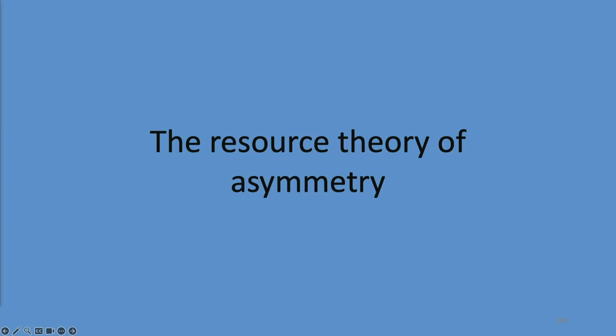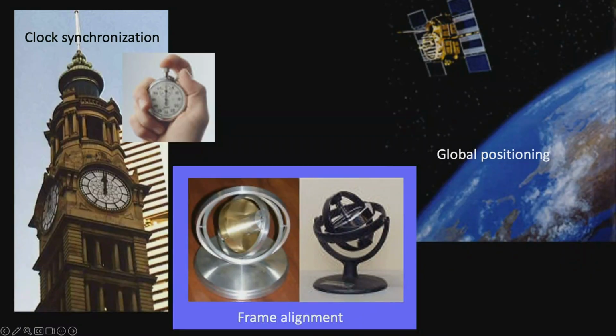Okay, so I want to tell you now about the details of this resource theory of asymmetry, and give you some idea for what it can teach you about asymmetry. So first of all, pragmatically, why do we care about the resource theory of asymmetry?